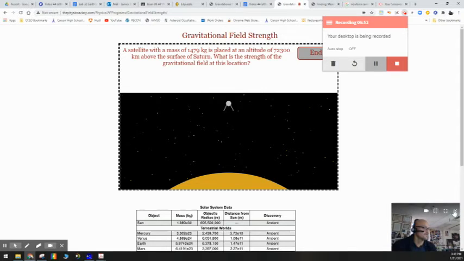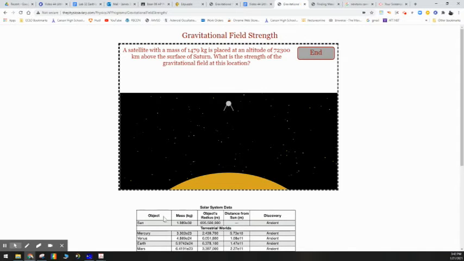So here we are back again, and we have a simulation called calculating gravitational field strength. Here we have a satellite with a mass of 1479 kilograms, placed at an altitude of 72,300 kilometers above the surface of Saturn.